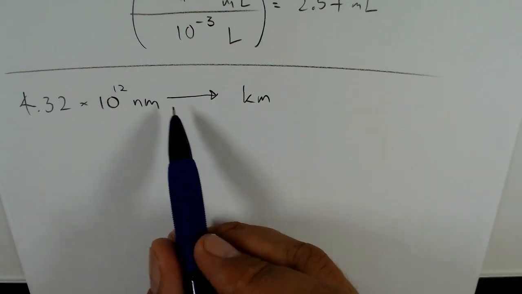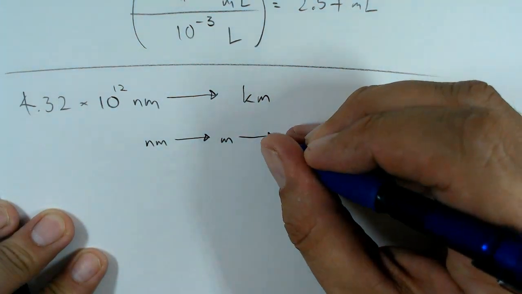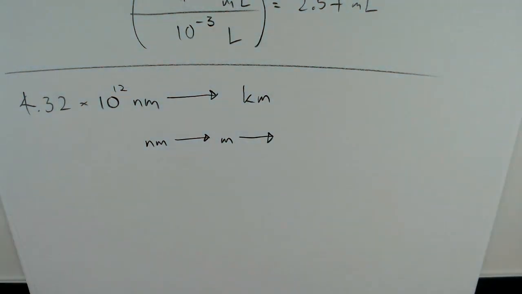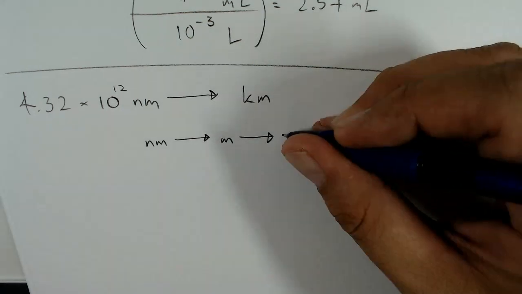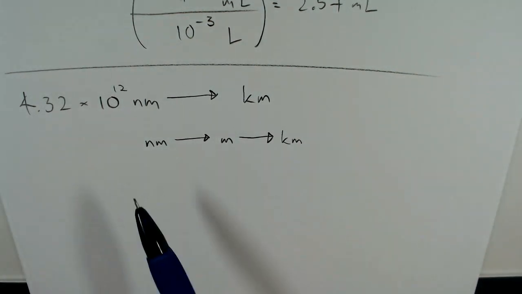We can compare both of them to the meter. So in this case, we don't have a direct path. You can do it multi-step by first going from nanometer to meter. We have that conversion, and then we also have the conversion from meters to kilometer. So here we have a pathway.